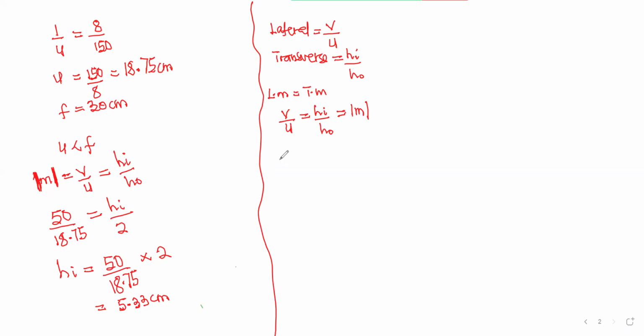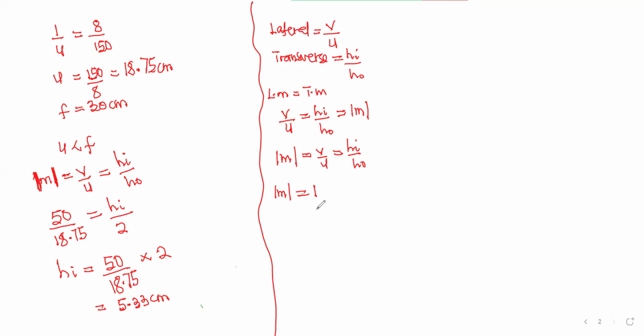Okay, so the magnitude of M is equal to V over U, which is equal to HI on HO. And last time we also learned that when the magnitude of linear magnification is equal to 1, it means that the image distance is equal to the object distance, or the image size is equal to the object size. And this is what we saw under mirrors, in a plane mirror.